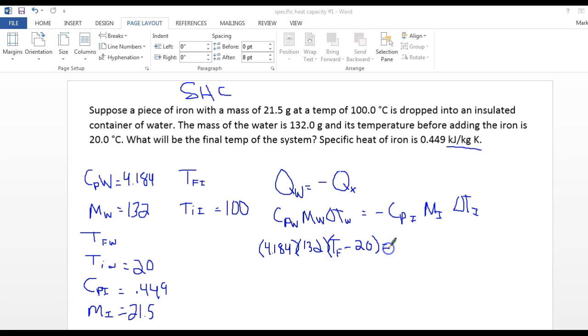Then we do the other side, specific heat capacity, don't forget the negative, 0.449. The mass of the iron, 21.5.